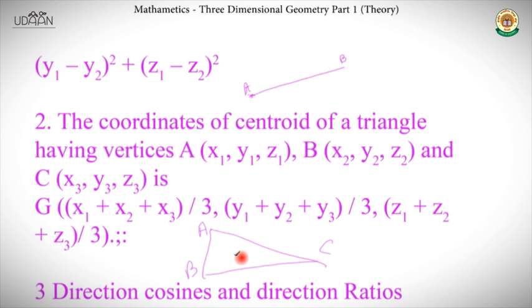Then the coordinates of centroid G, which always lies inside the triangular lamina, are given by summation xi by 3, summation yi by 3, summation zi by 3, which are nothing but the arithmetic means of coordinates of vertices.